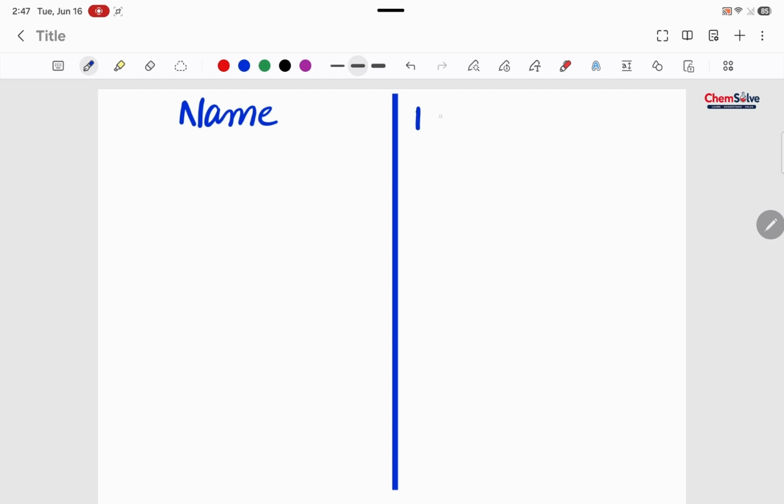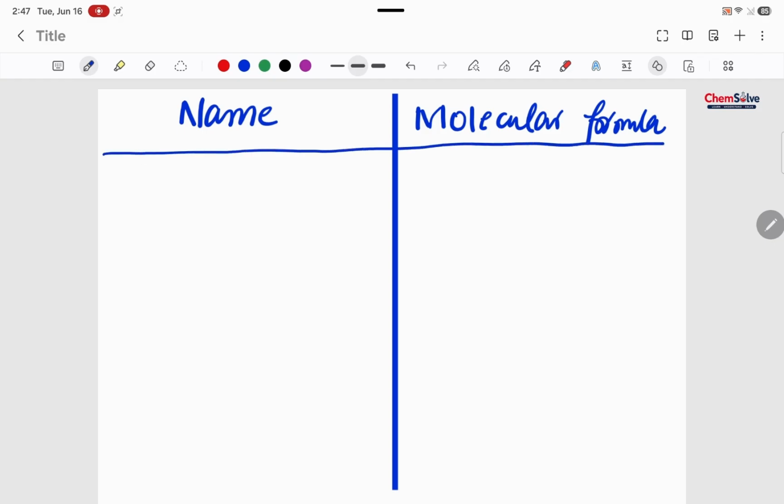Now let's understand it with the help of some examples. So let's name few alcohols and write their molecular formula. Okay, how does it work? Let's see.